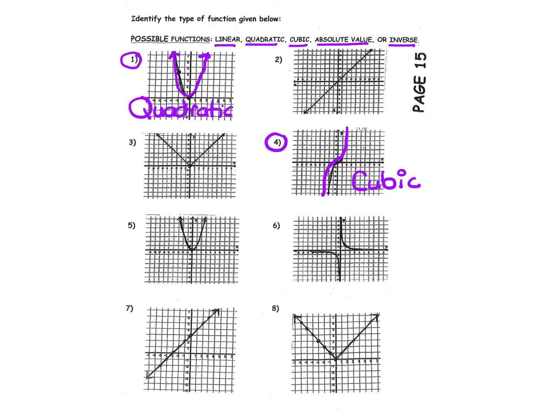So pause the video right now and put yourself to the test. See if you can determine what each of the graphs represent. When you've come up with an answer for each of them, turn the video back on and we can check your work together. But don't go ahead. Pause your video right now.